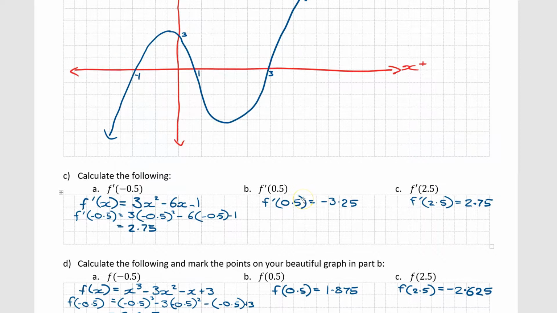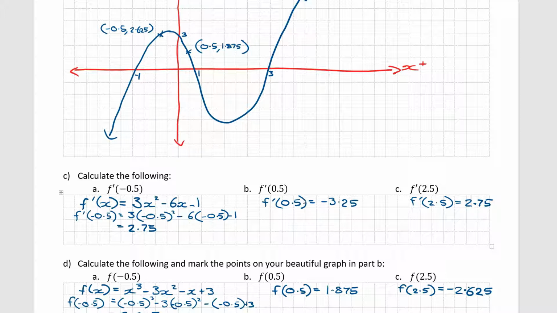And then the second part says mark it on your graph. Finding negative half, it's going to be roughly there. So when x is negative 0.5, it's 2.625. Then for 0.5, somewhere around there, just notice my scale is absolutely atrocious, we're going to get 1.875.